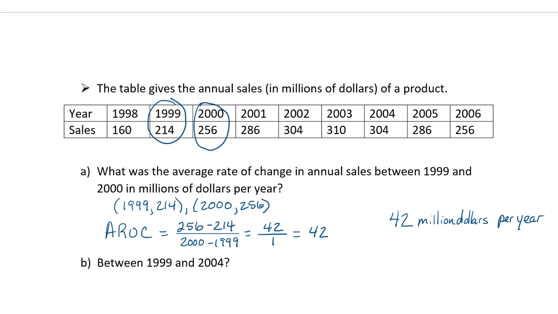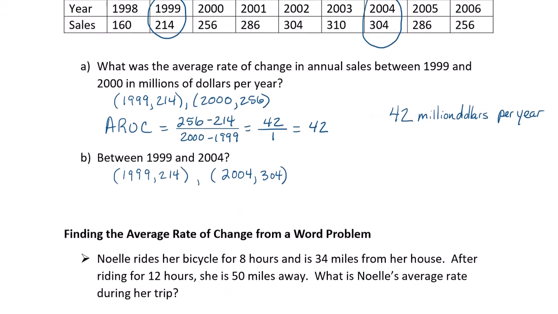All right. What about between 1999 and 2004? We're looking at those 2 points. So again, we can make our x, y points out of those, and put that in our average rate of change formula.